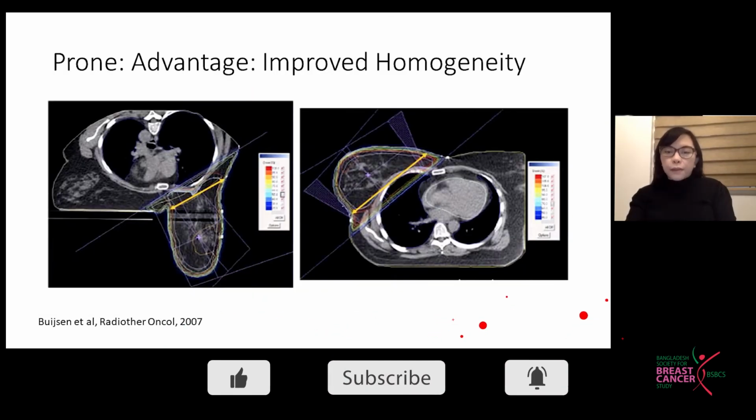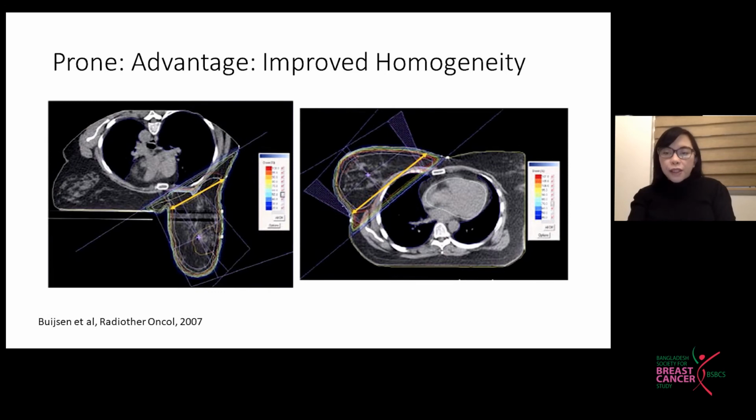Another advantage for women with particularly large pendulous breasts is improved homogeneity. This is the same CT scan of a woman in prone and supine positions, and you can see that the separation of the chest wall is dramatically reduced in prone positioning, and what you end up with is a cylinder-like shaped breast, which means that you can get very good homogeneity within this breast tissue.